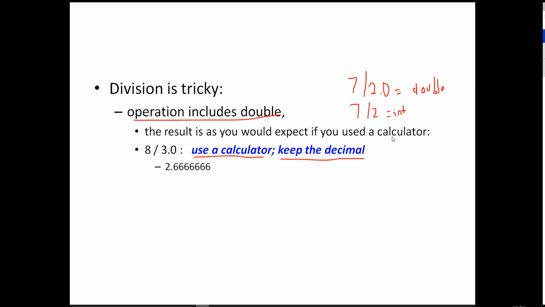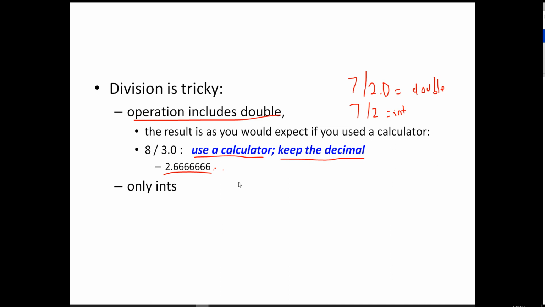It's normal. This is like regular math that you're used to. Use a calculator, keep the decimal. So, of course, if you did 8 divided by 3.0, you would get 2.6666, and it just keeps on going. Keep the decimal.